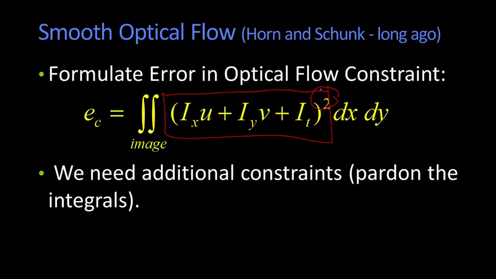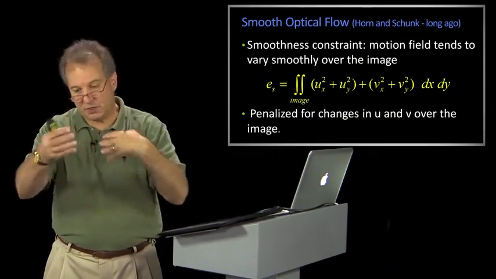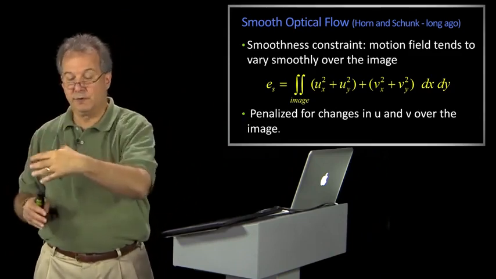So here we have our optic flow constraint term. Now we need another term. It says smooth optical flow. Remember when we did stereo, the state-of-the-art solution that I showed you that did that beautiful recovery used a bunch of terms, some that had to do with the data, but also the smoothness of the disparity field. That was the idea that surfaces don't change a lot all over the place, but tend to have a particular depth or vary smoothly.